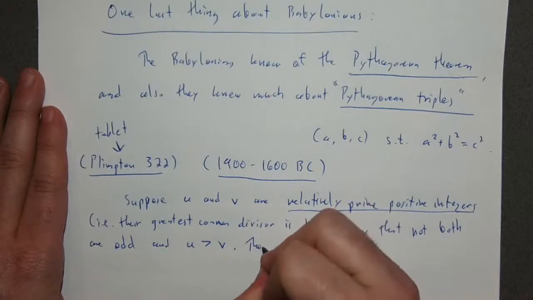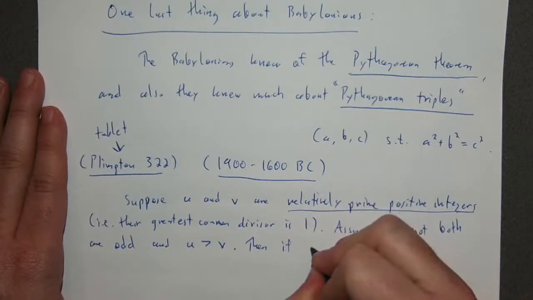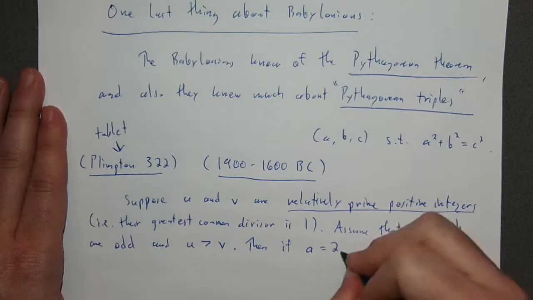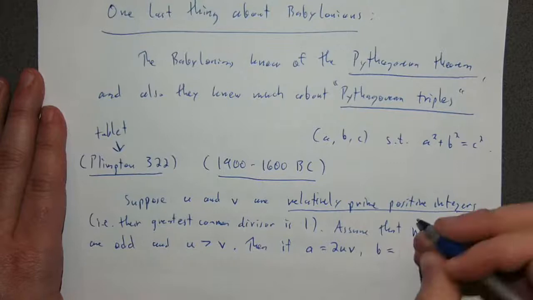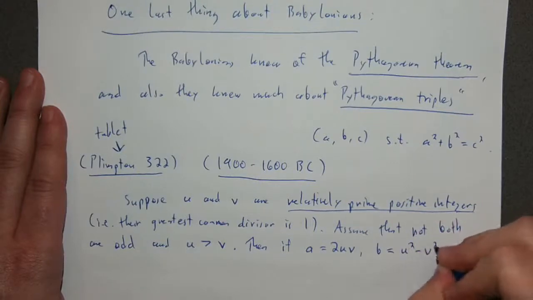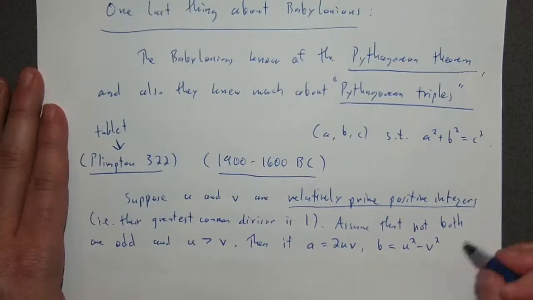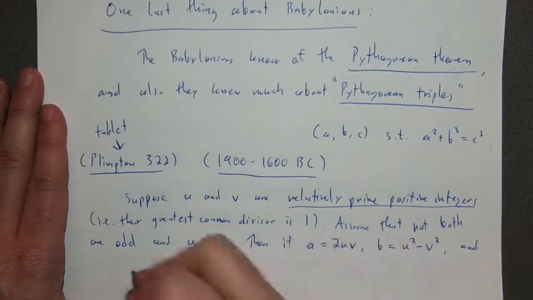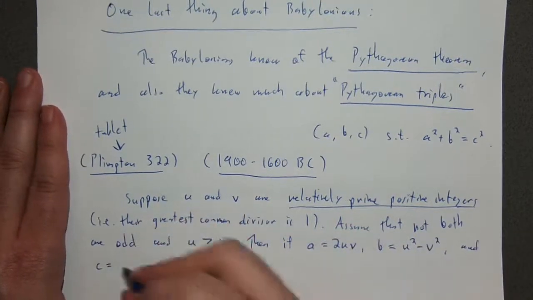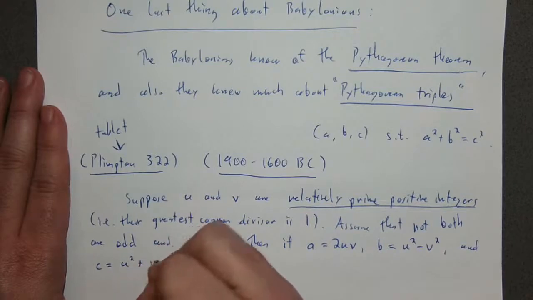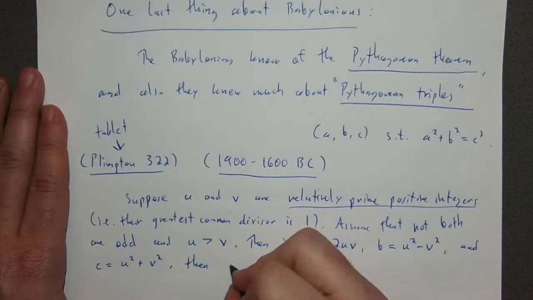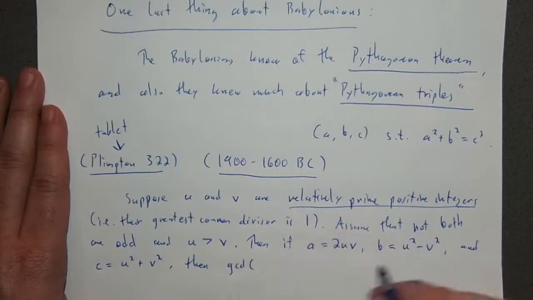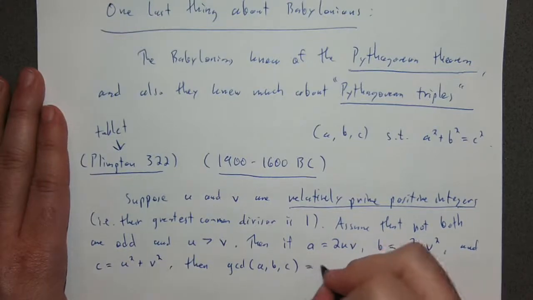Then, if A is defined to be 2 times UV, B is defined to be U squared minus V squared, and C is defined to be U squared plus V squared, then the GCD of these three, A, B, and C, is 1.